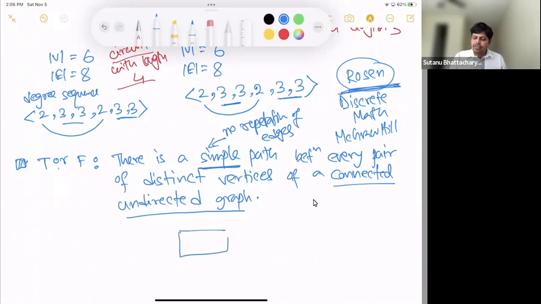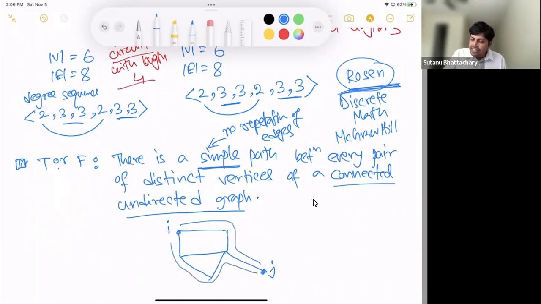Let's assume this is your connected undirected graph. Make it complicated. So this is one connected undirected graph. Choose any two vertices. Suppose this is one vertex i and this is another vertex j. The statement is saying that there is a simple path between every pair of distinct vertices. So i and j are distinct vertices. There is a simple path like this. Also, there is a simple path like this.